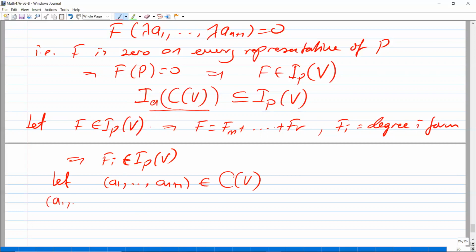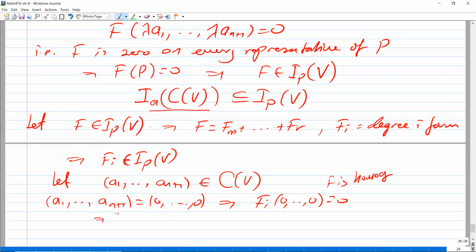If A1, ..., A(n+1) is 0, then Fi of 0 is 0, since F is homogeneous. So yes, Fi of 0 is equal to 0.